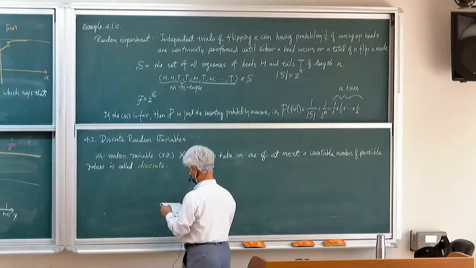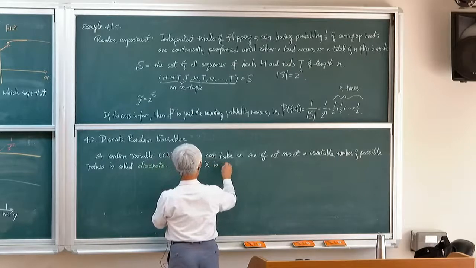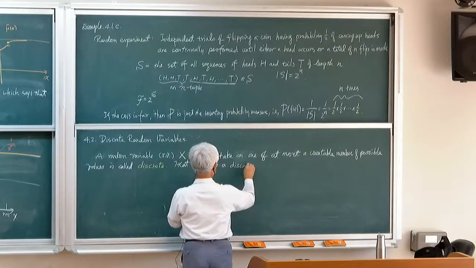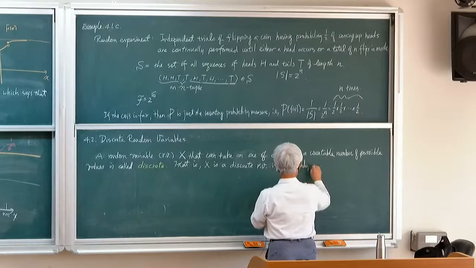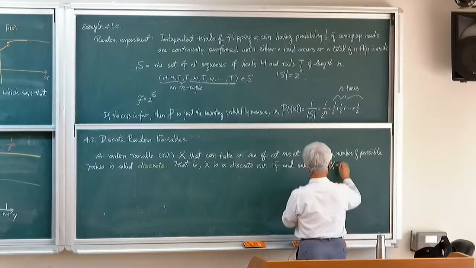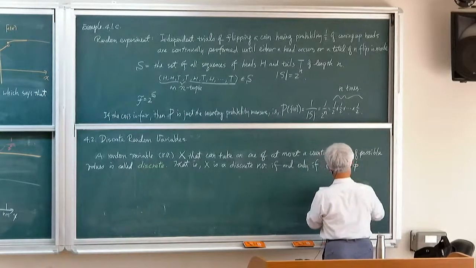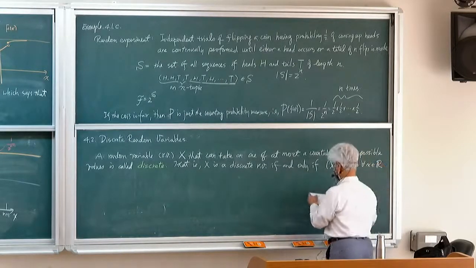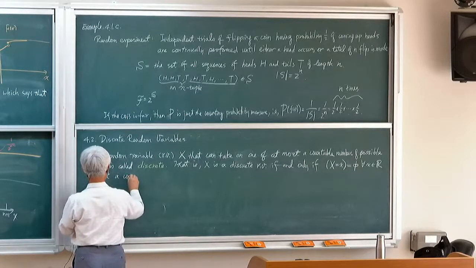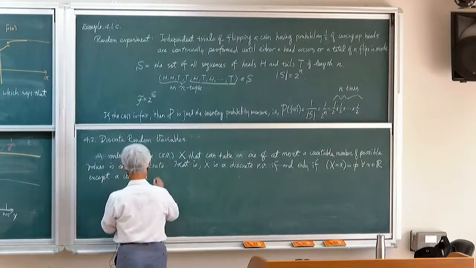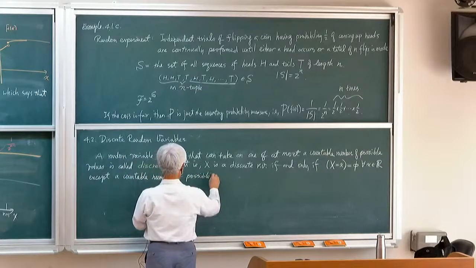That is, X is a discrete random variable if and only if the event X equal to little x is the empty set for all x in R, except for a countable number of possible x.